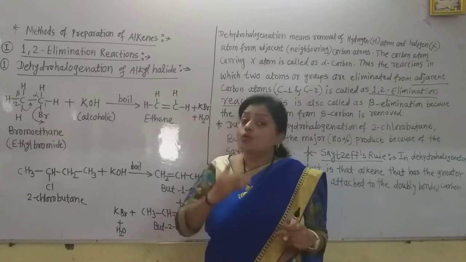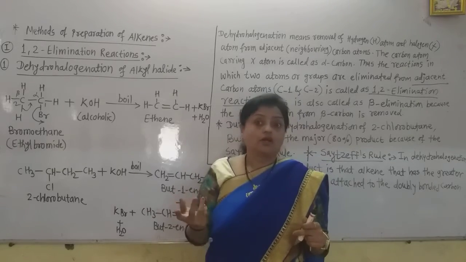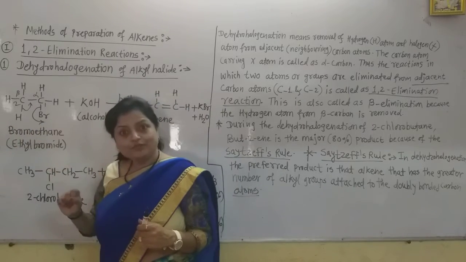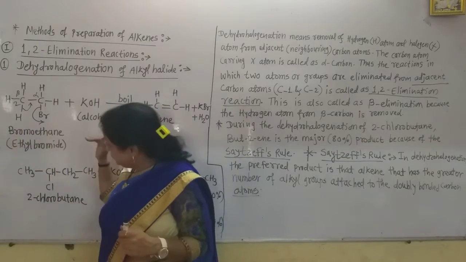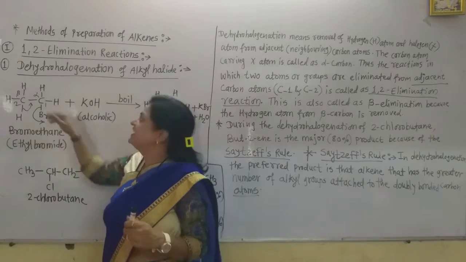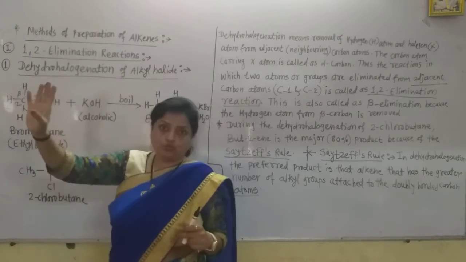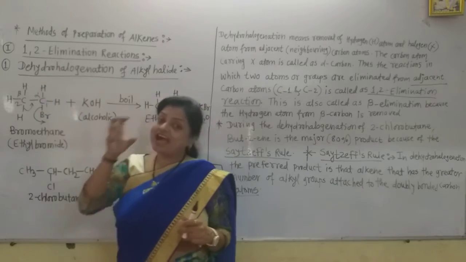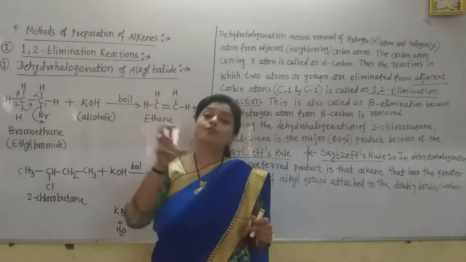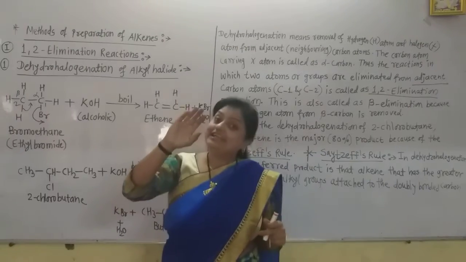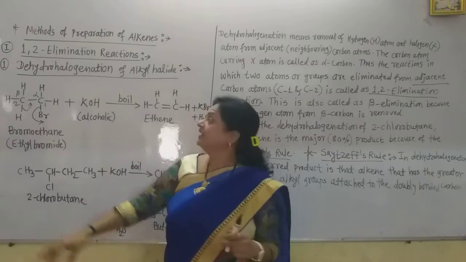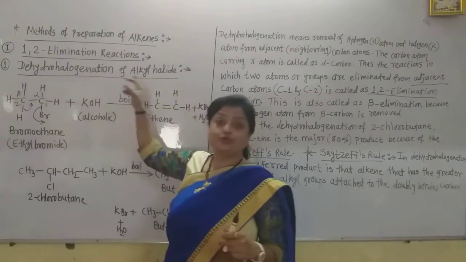But here we eliminated what? One hydrogen atom and one halogen atom. So the name of this particular reaction is dehydrohalogenation. De means to remove. Dehydrohalogenation, because hydrogen and halogen both atoms get removed or eliminated. So the reaction name is what? Dehydrohalogenation.